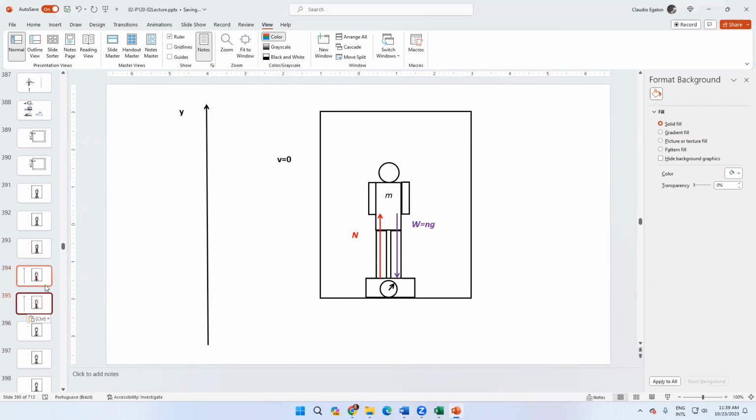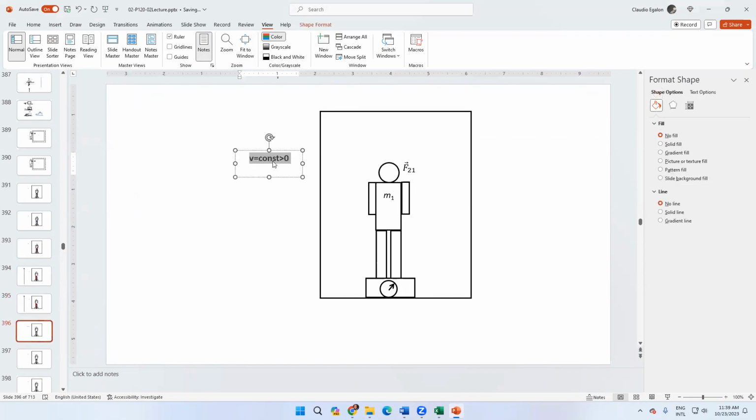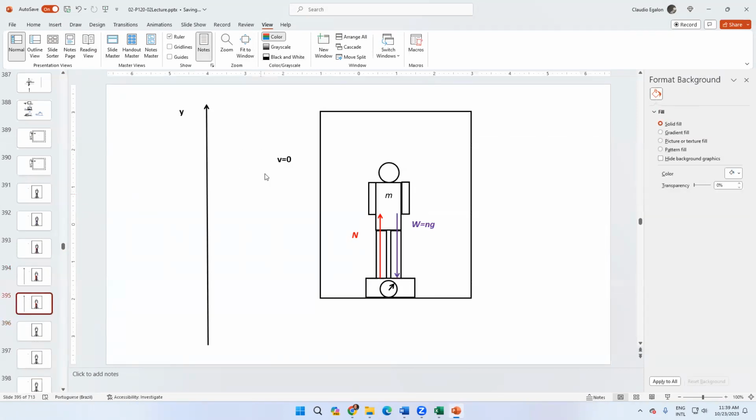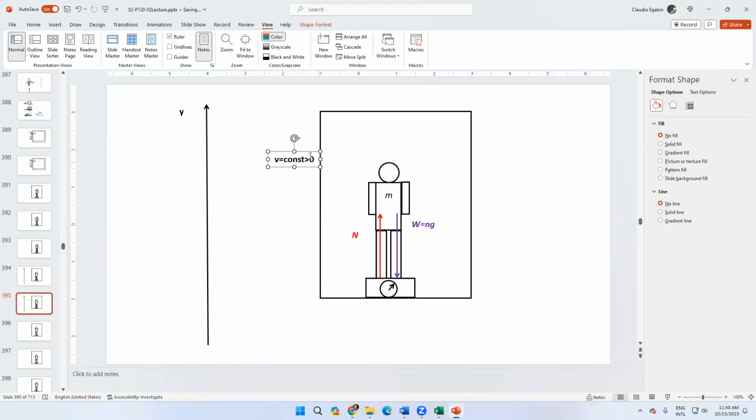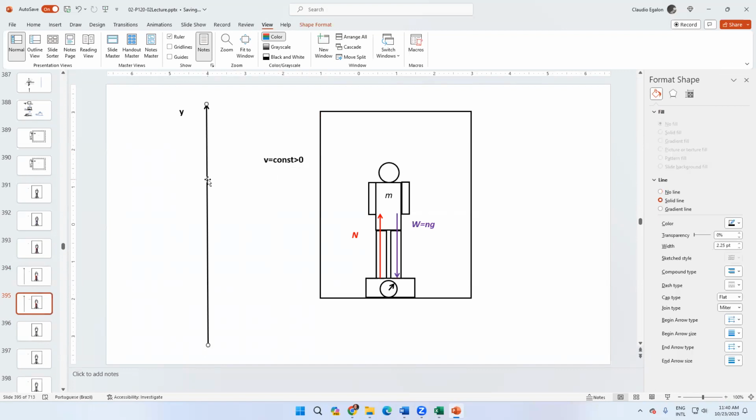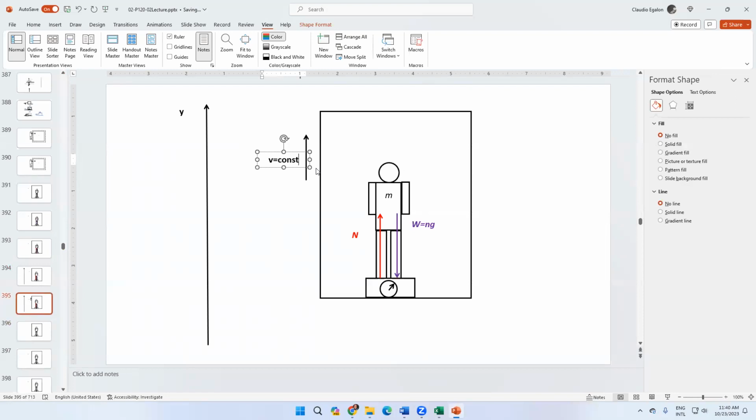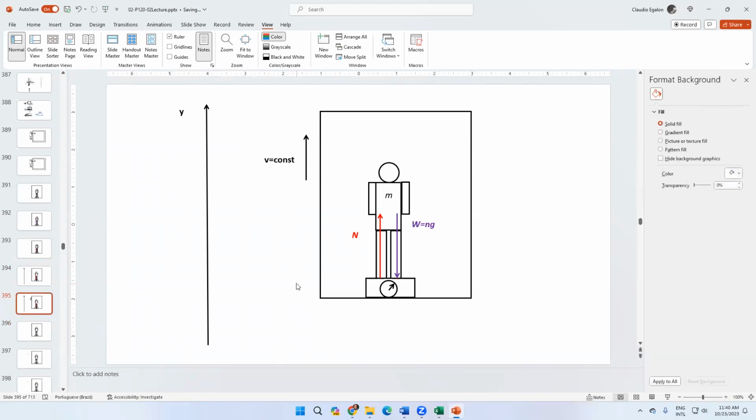Now the elevator is no longer at rest, but it's moving with a constant velocity. Let's say it's moving upwards. I'll not even put it at greater than 0, because already saying that's upwards, right?